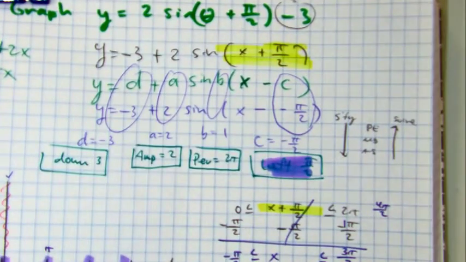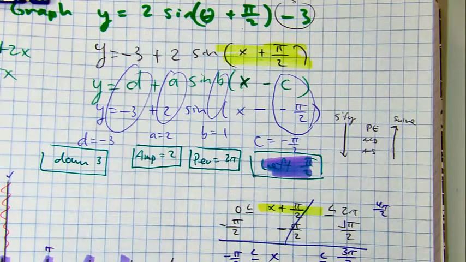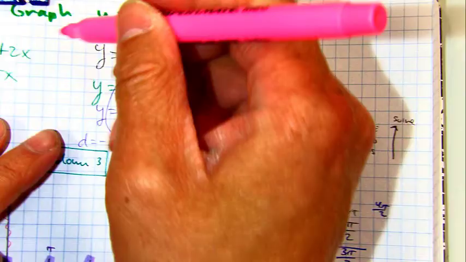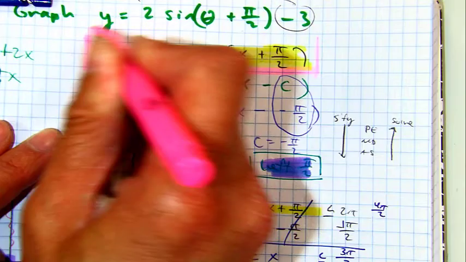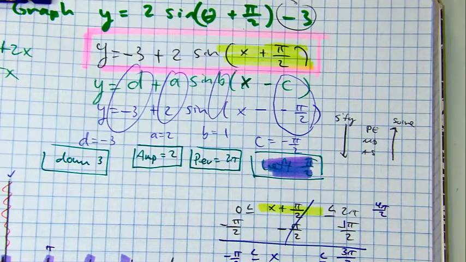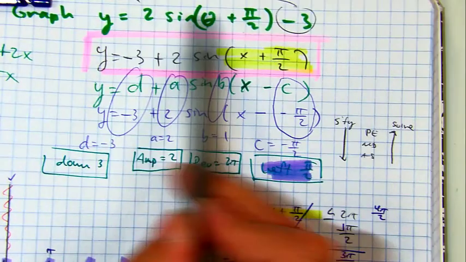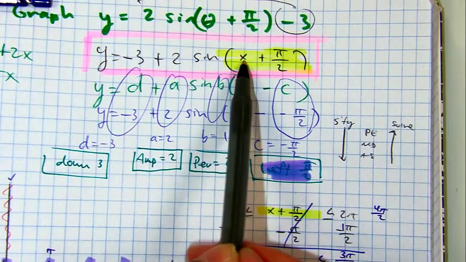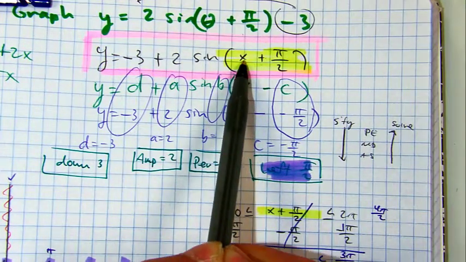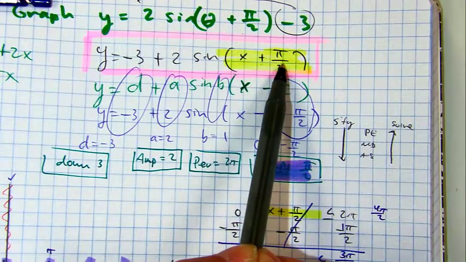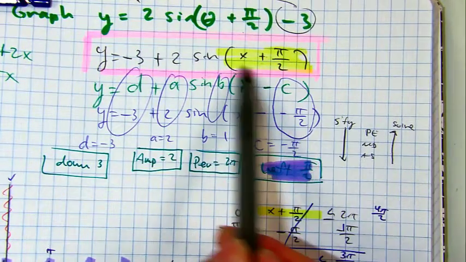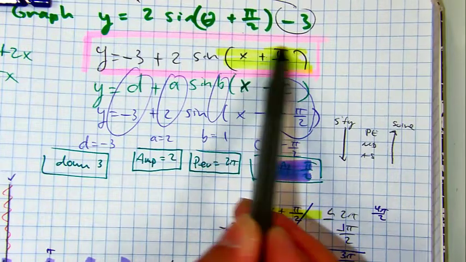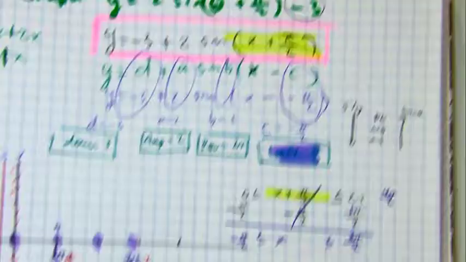Now, a lot of things are going on, so I'm going to highlight the one we're going to use. This one right here. Although this is the original, this one looks cleaner for us. What are we going to do with the x value, class? We're going to add pi over 2. Although you are working right to left, you still have to use order of operations within the parentheses. Okay, so we're going to add pi over 2.